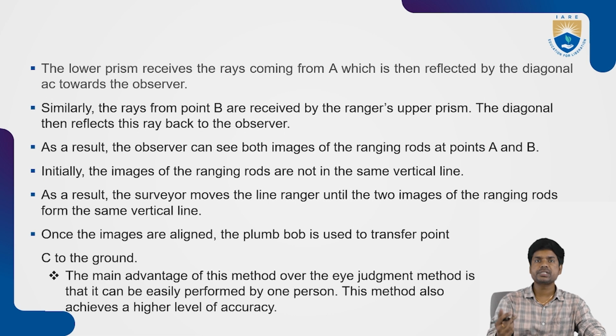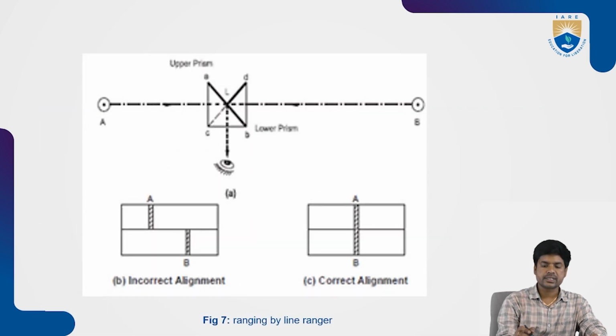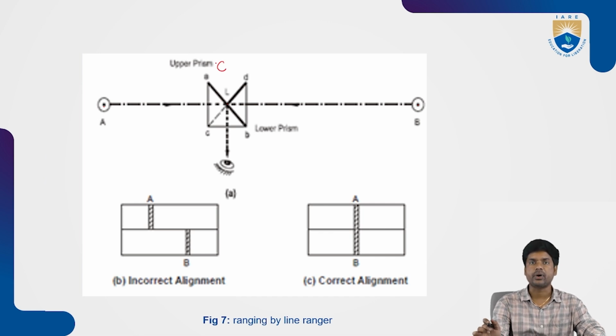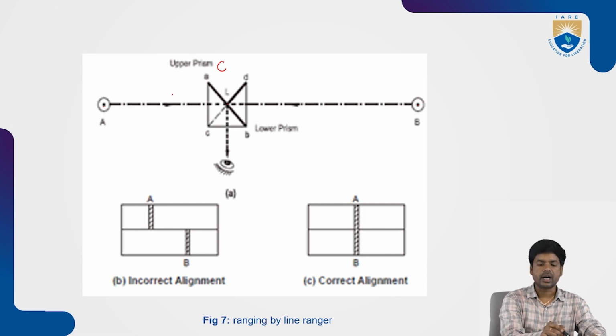You can see the picture: this is point A and this is point B. After positioning points A and B with the ranging rods, locate point C, which is one of the intermediate points. Here we place the line ranger with normal eye adjustment. We cannot say that it is exactly on the line, and for establishing that position we are going to do this ranging using a line ranger.